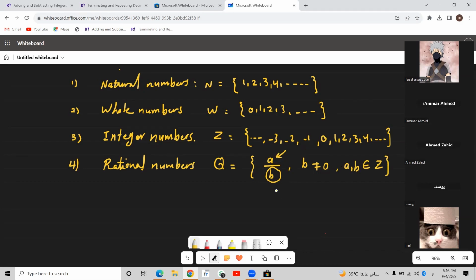That's good, guys. So this is number 1, okay? This represents the sets of numbers, but I'm going to write some numbers like -3, 2.1, 0, 1.5, 5 over 0.